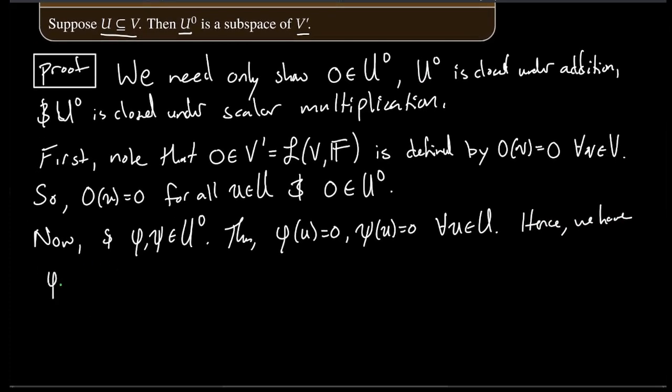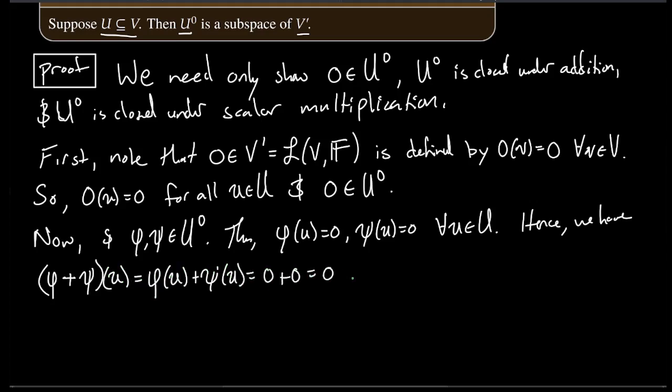Okay, phi plus psi, applied to u. Well, by definition, this is just phi of u plus psi of u, which is just 0 plus 0, which is 0. So phi plus psi is in the annihilator as well.